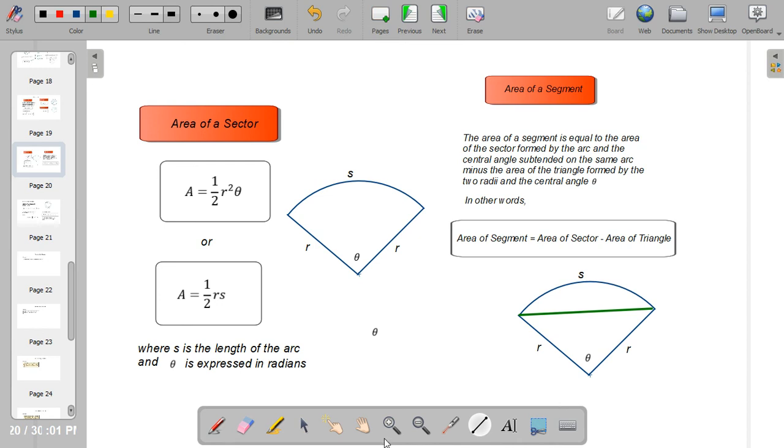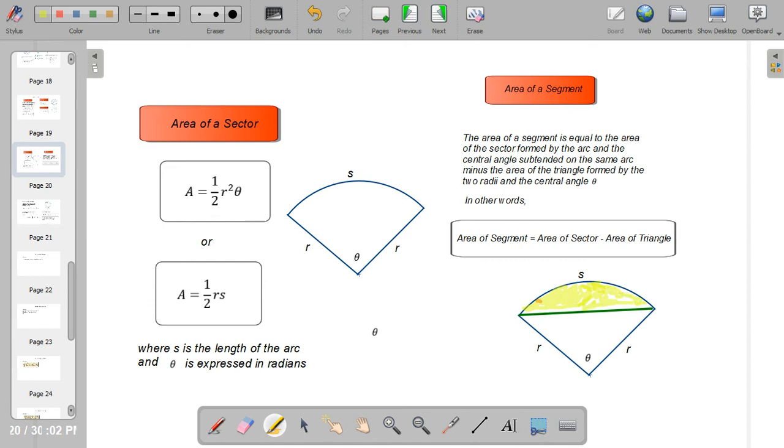Now, the whole segment can be solved by just taking the area of the whole sector, not the segment. So to get this shaded part, which is the segment of the circle, you need to compute the area of your sector first.